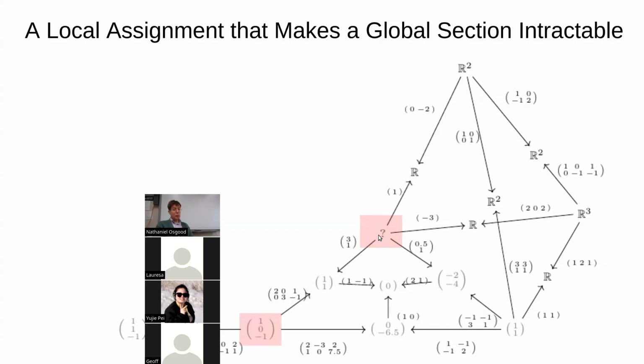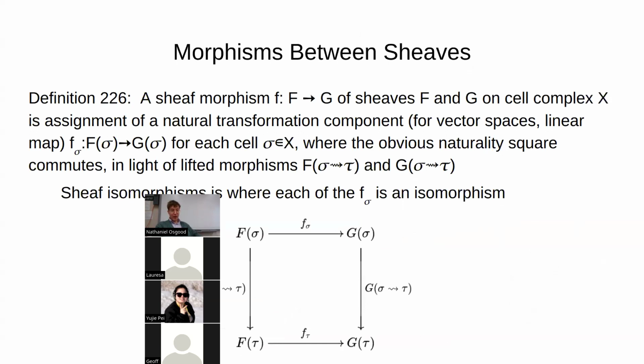There can be sheaves which have many possible assignments where it's non-specific. And I believe those are called flabby sheaves because they kind of flop around and they're not pinned down. There are just too many possibilities. It's flabby. It just sort of flops around. Okay.